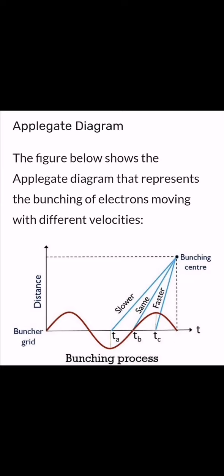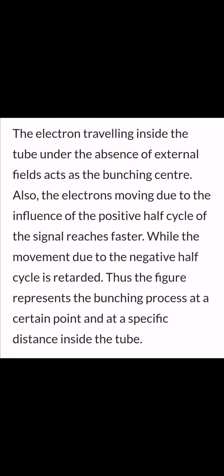And now we will discuss the Applegate diagram of the two-cavity klystron amplifier. The figure below shows the Applegate diagram that represents the bunching of electrons moving with different velocities. The electron traveling inside the tube in the absence of external fields acts as the bunching center.